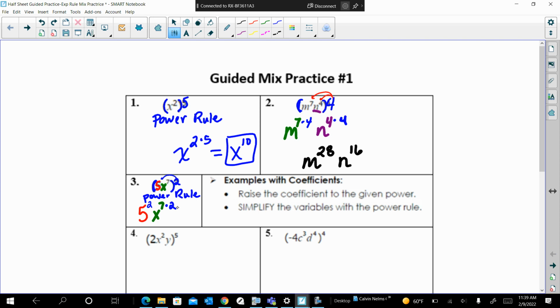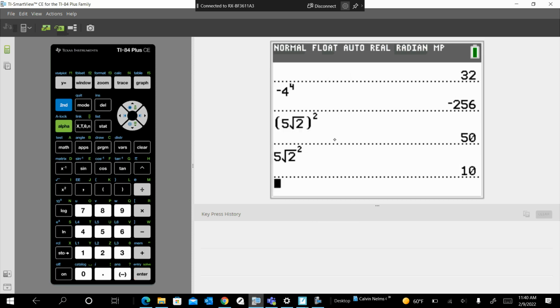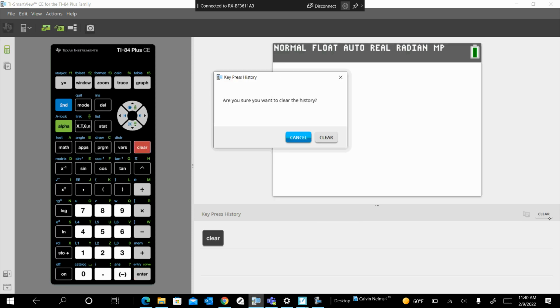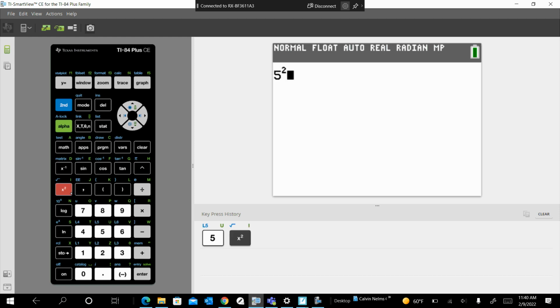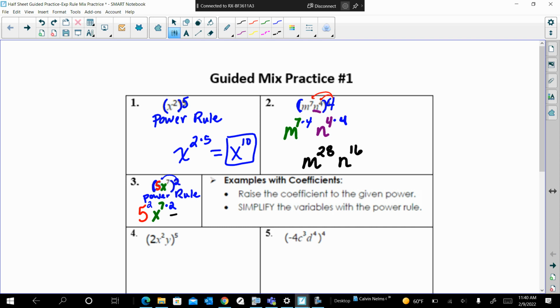So this gets simplified to what? 25, yeah, 25 is your new coefficient, because 5 squared is 25. So the simplified answer would be 25x to the 14th, because you're doing 7 times 2.